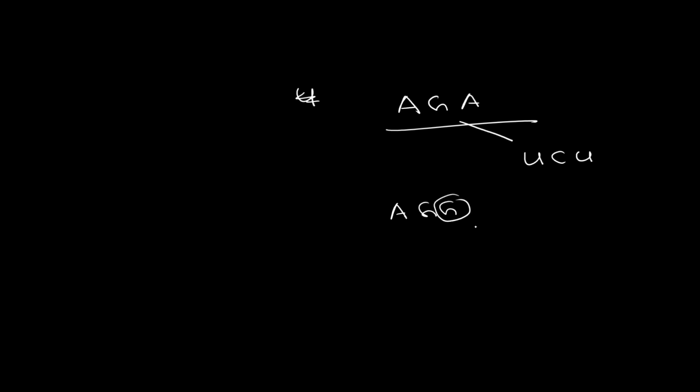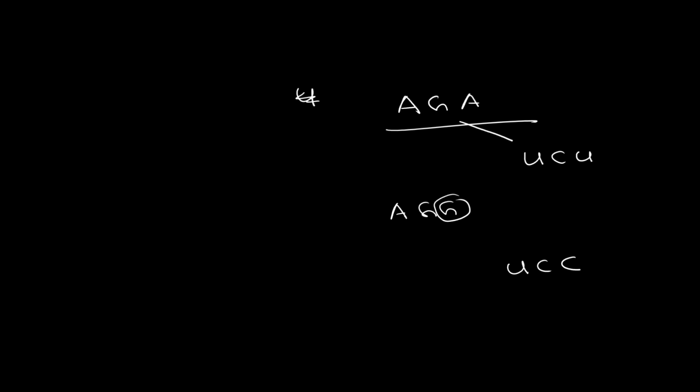So as I said, initially this was AGA, which was read by the anticodon UCU, but with a simple change in the third nucleotide to AGG, the codon should be read by an anticodon composed of UCC, if they are abiding by Watson and Crick's rules of complementary base pairing.